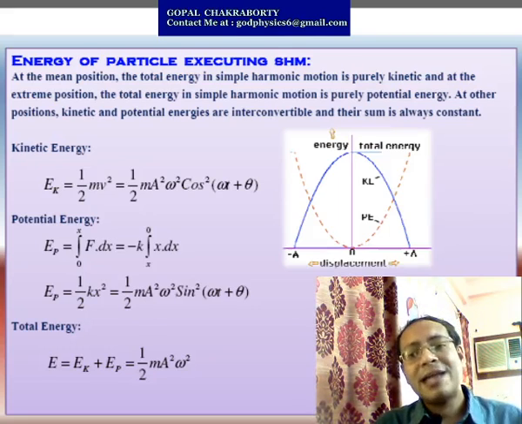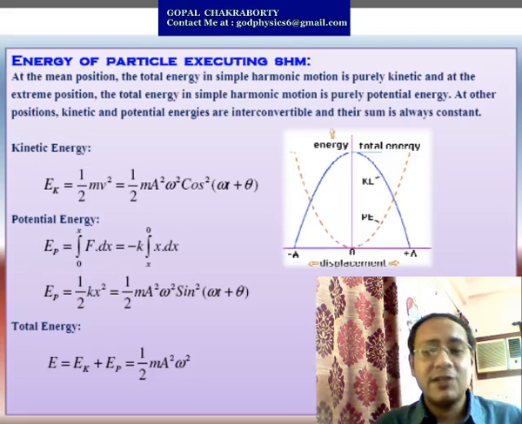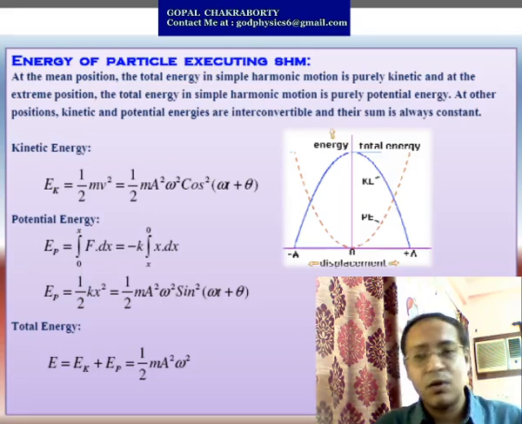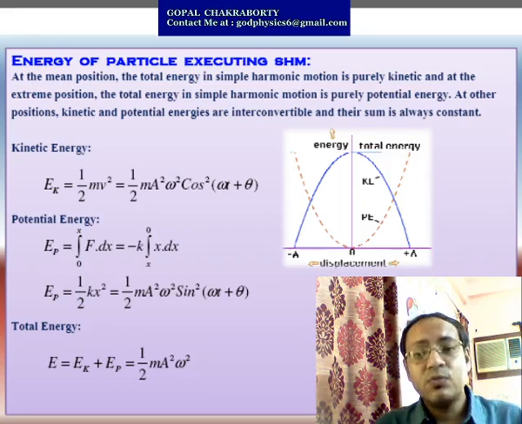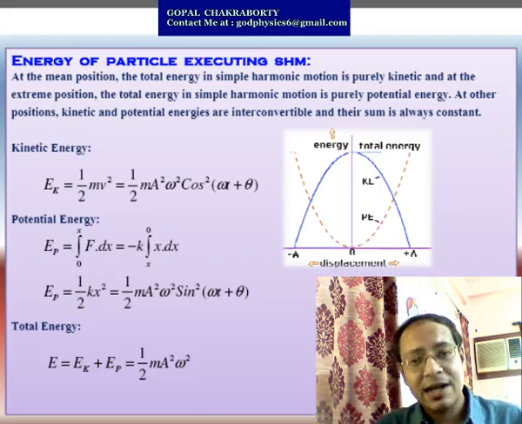As we know, as per the energy conservation law, energy can neither be created nor destroyed. So the total energy of the particle is always constant. We are going to prove this energy conservation law by calculating the kinetic energy and potential energy. Then total energy will be the sum of kinetic energy and potential energy.